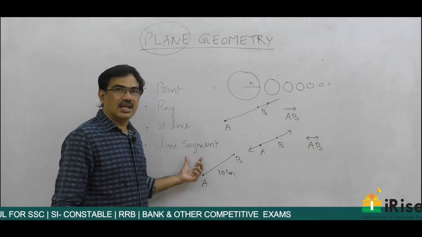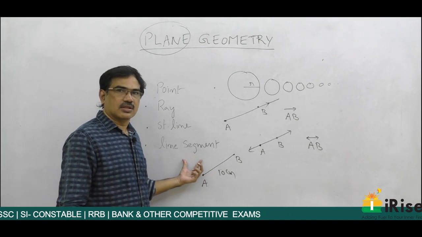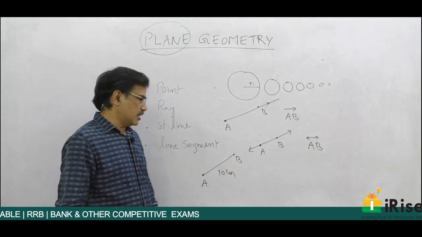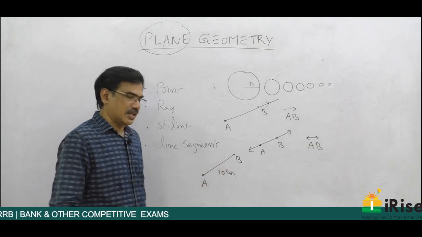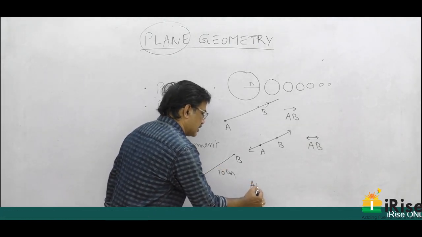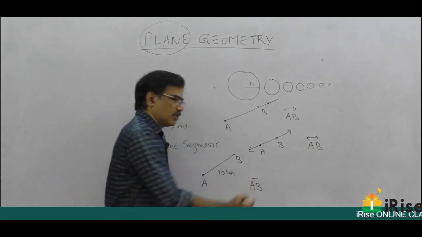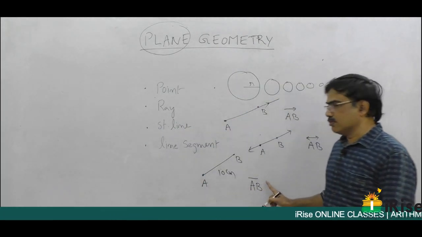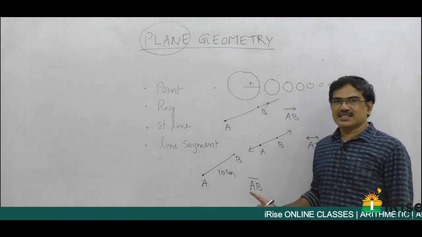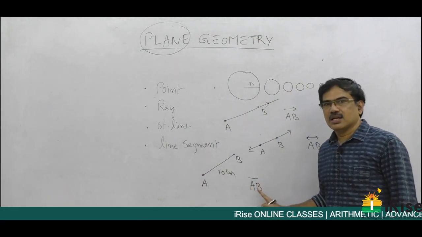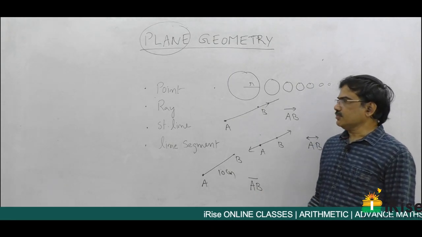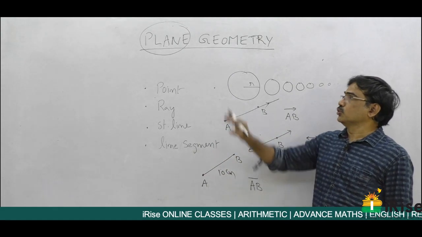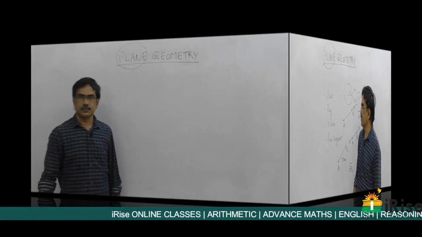How to represent a line segment AB? Line segment AB is represented as AB bar. So these are the 4 important terms we use in plane geometry.